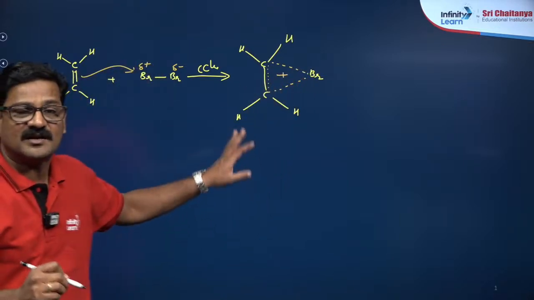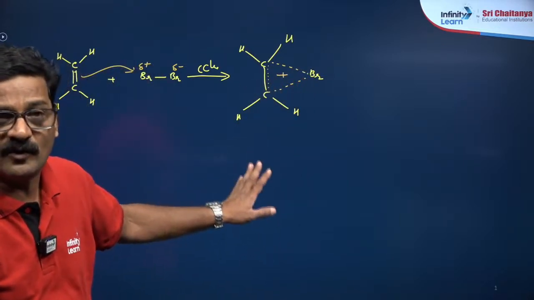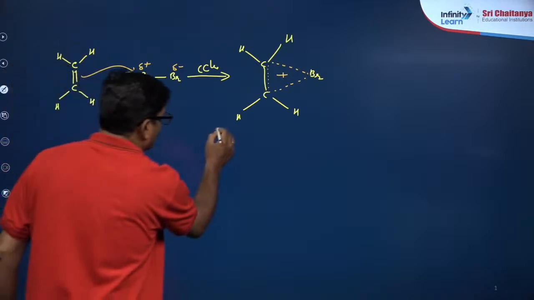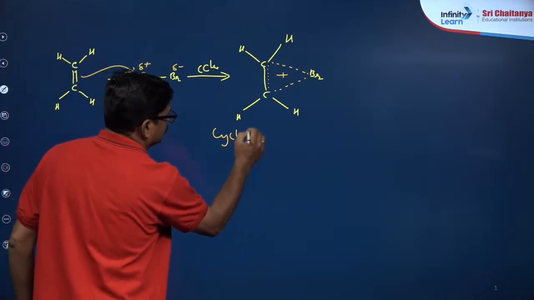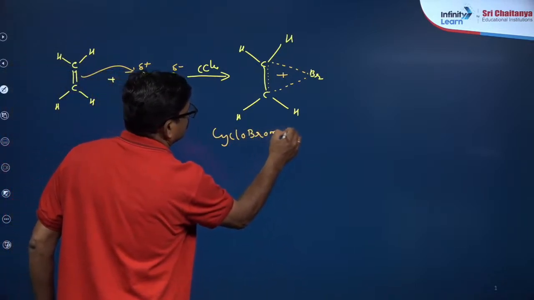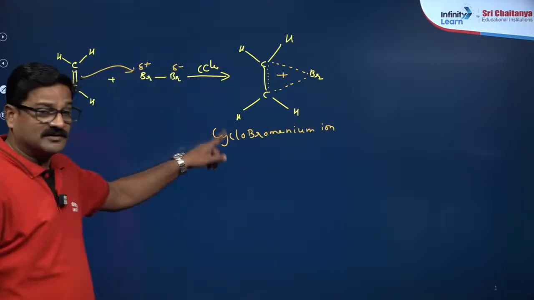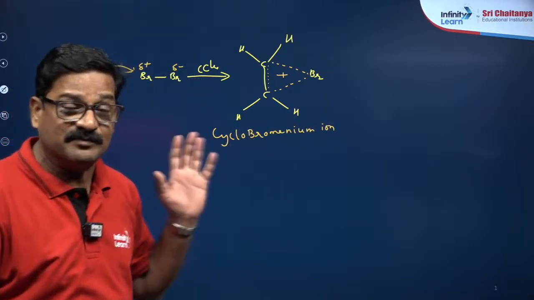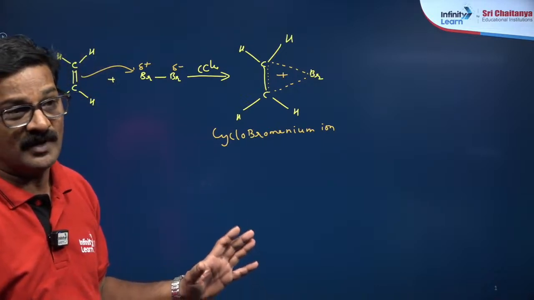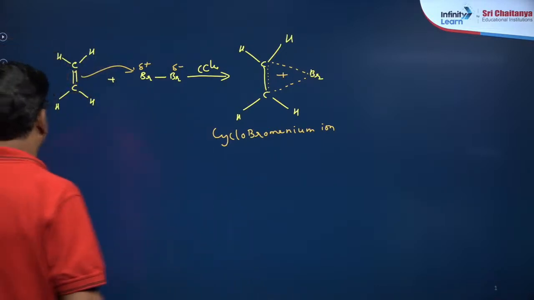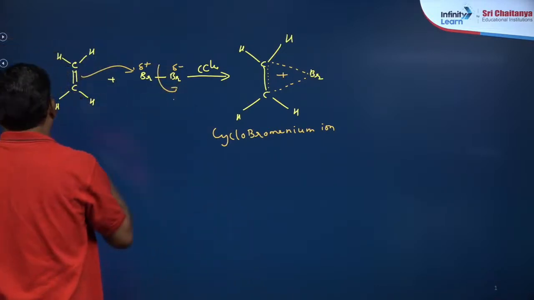This is a non-classical carbocation, the cyclobrominium ion. That is the intermediate. The term cyclobrominium ion is important in the NEET examination. Fine. So this is lost as Br minus.